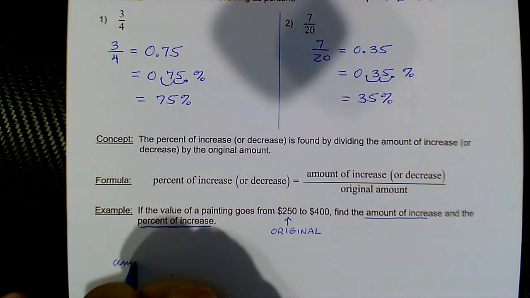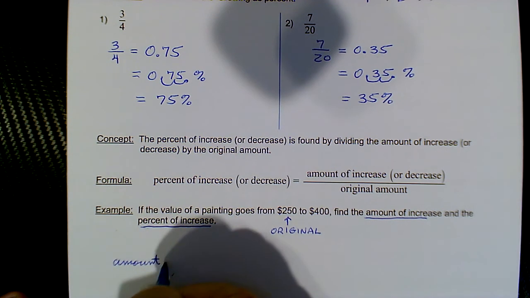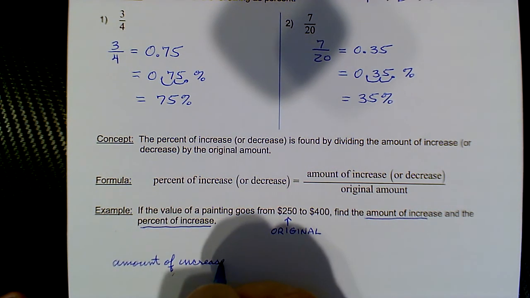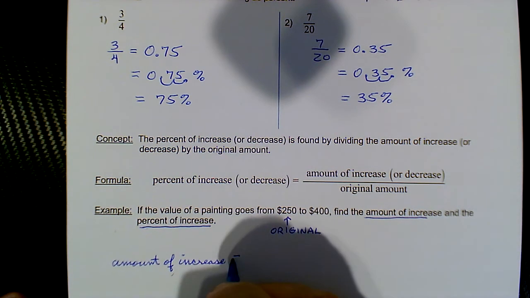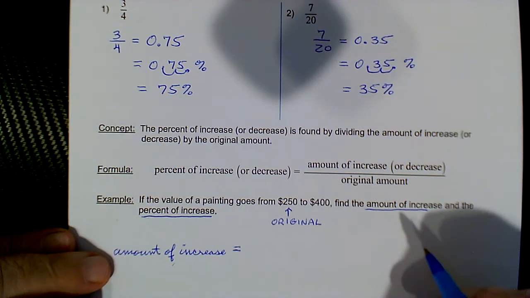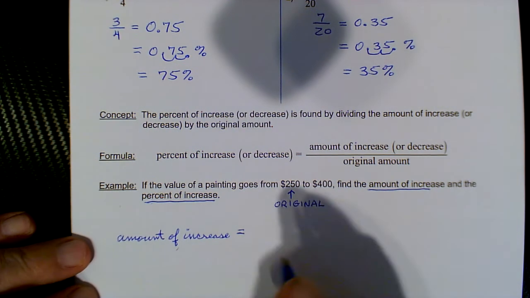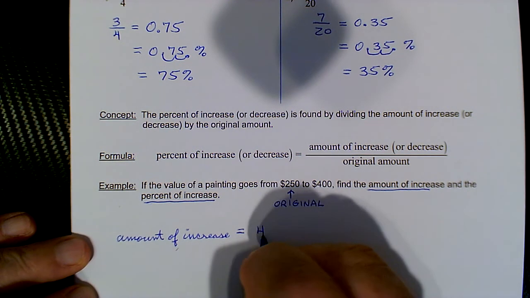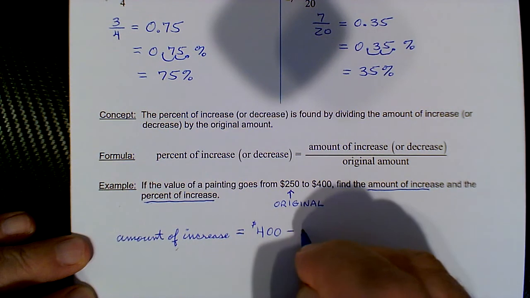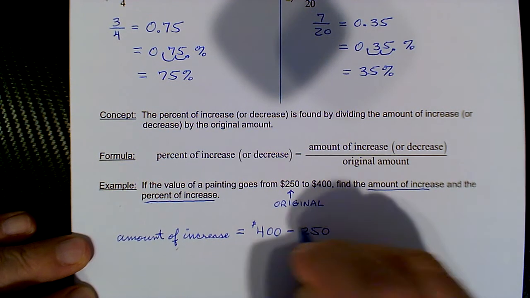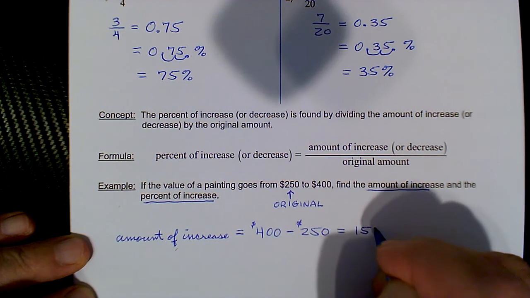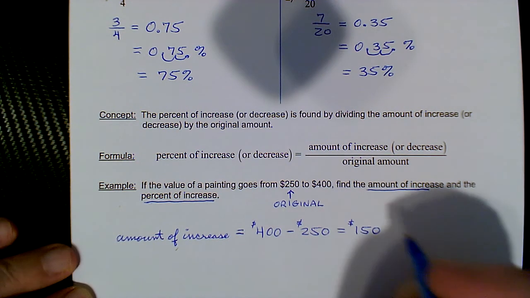The amount of increase is the change or the difference. It's always the high minus the low. So in this case, $400 minus $250. So it changed by $150.